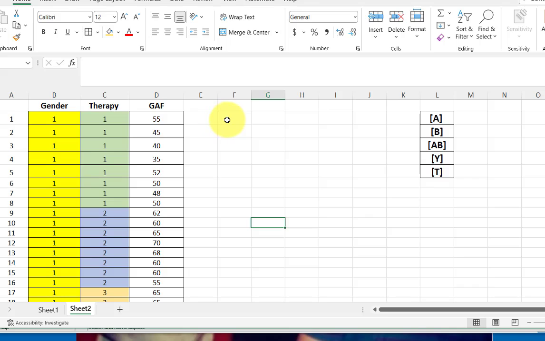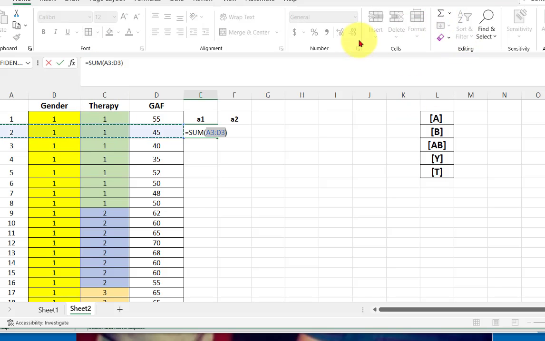Let's do this. I'm just going to write this up here so it doesn't get in the way. There, A1 and our A2 totals. And I'll center them and make them bolder. I want you to add these up.